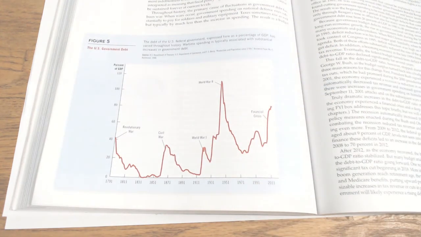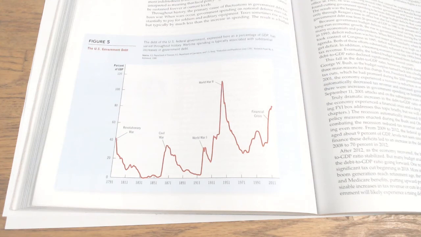Why is that? Well, in the 1930s, we know the Great Depression occurred, and when FDR took office, he was having his whole New Deal program, and he started spending a lot of money. In doing so, he accrued a lot of debt through bonds or printing money, however he wanted to do it.